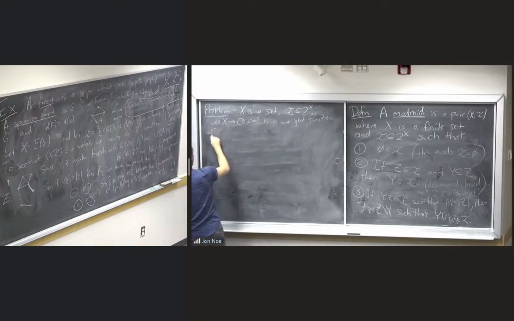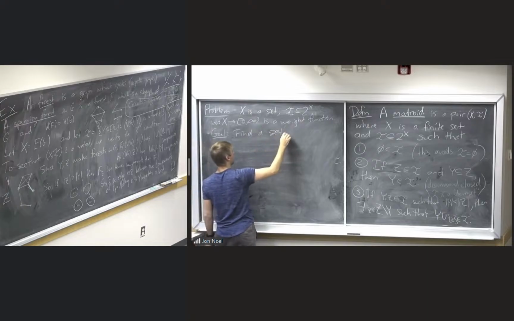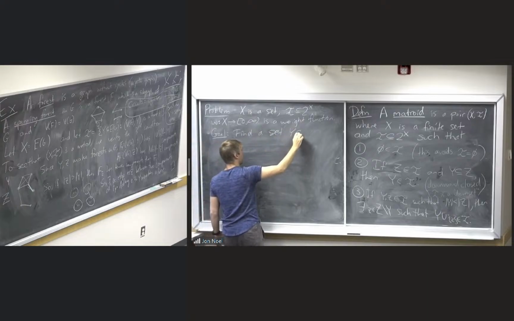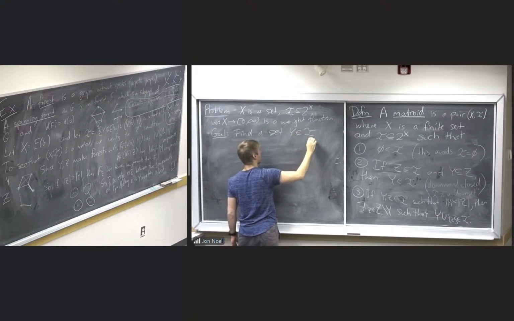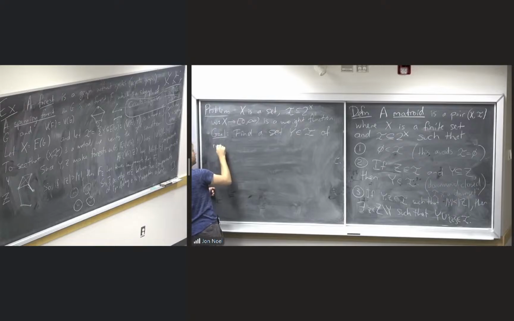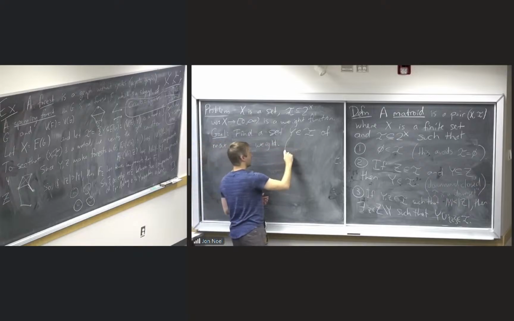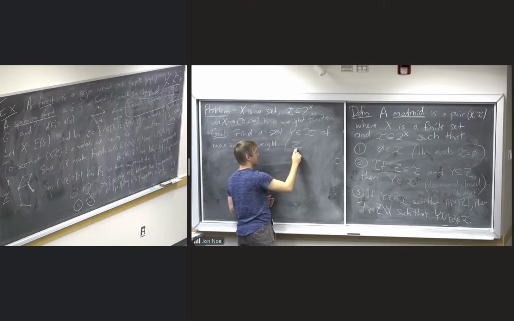Okay, and let's say my goal is to find a set Y in I of maximum weight. Where the weight of Y is the sum of the weights of its elements.